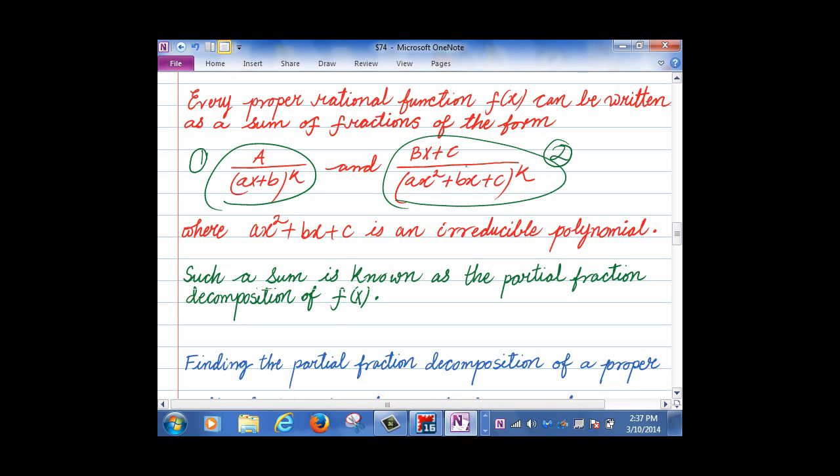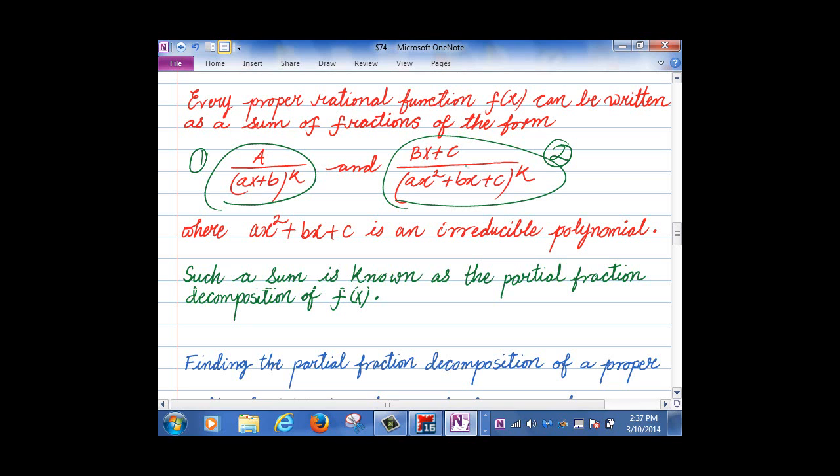So each summand has one of the two forms. Some of them should look like this, some of them look like this.